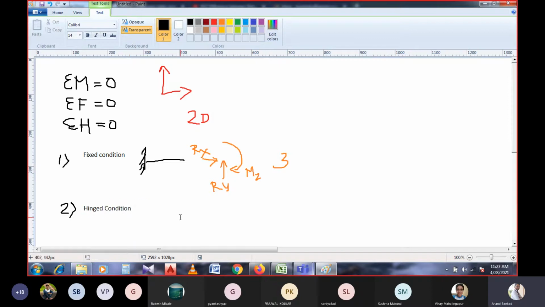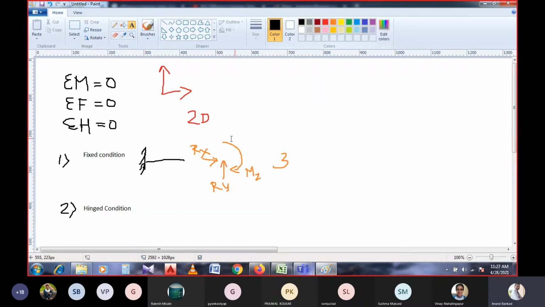Okay. So for this hinged condition, what would be the diagram that we can have in an image that is like this, right? I hope many of you have seen these types of supports provided in the examples, right?